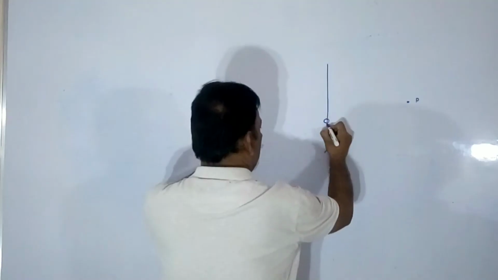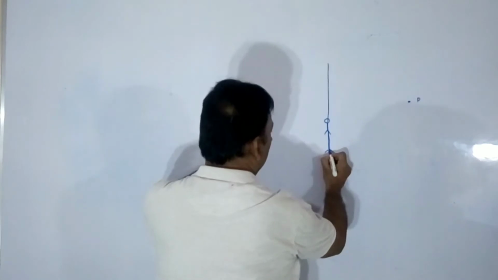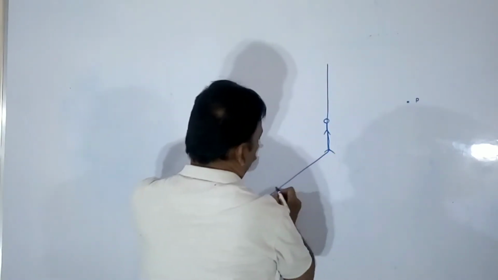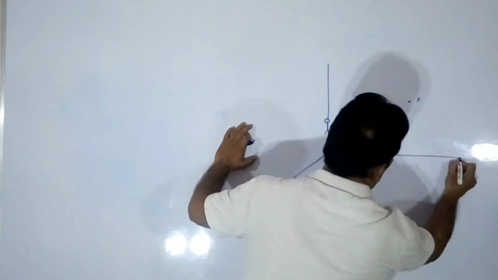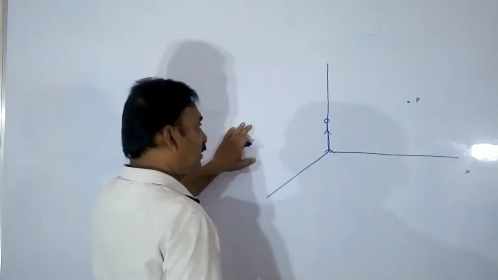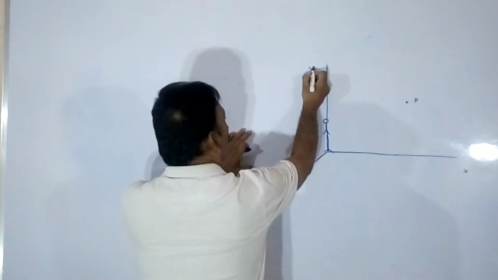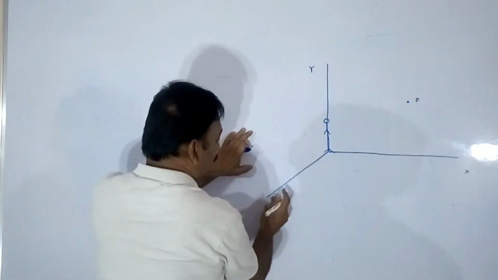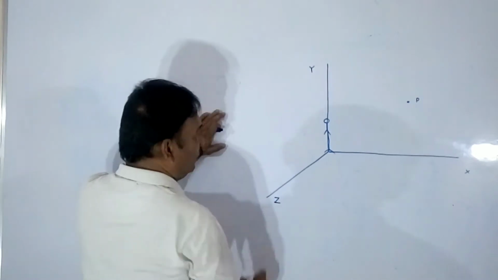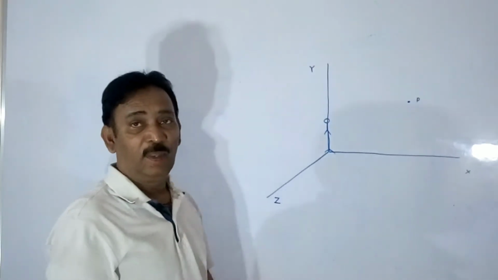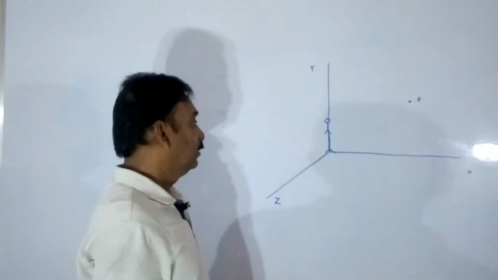Here I am taking the rectangular coordinate axis system. As you know, it is the x-axis and it is the y-axis, and the axis which is out of the plane is the z-axis. Okay, the particle P is lying there.